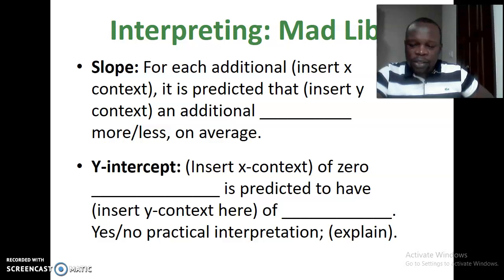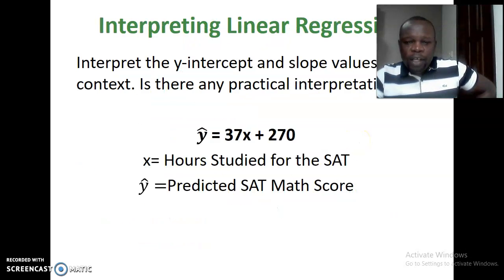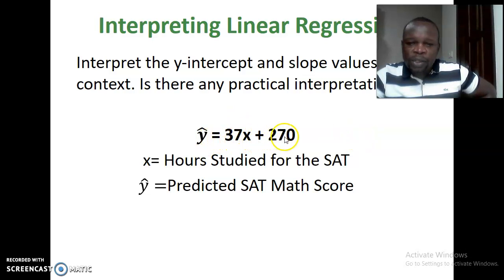I'll repeat again, this unit is very simple. What's tested more is, are you interpreting things the way they're supposed to be? Whenever you have the equation, like I said, y hat equals 7x plus 270, this is not sufficient. You must define your variable. Please remember that.